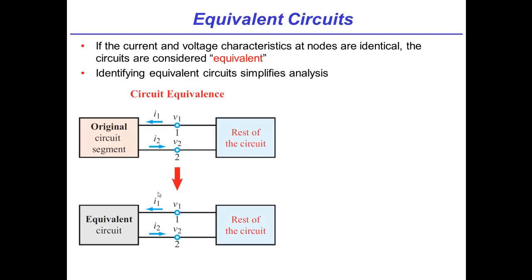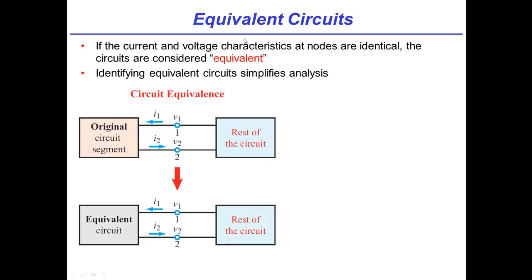And the example we've used already just a few minutes ago was the KCL, and we said if we have a closed path, we don't care what's inside the path, we just need to know what currents are going in and out. Oh, yeah, that's right. So that's a perfect example of how we like to think about things in terms of voltages and currents.